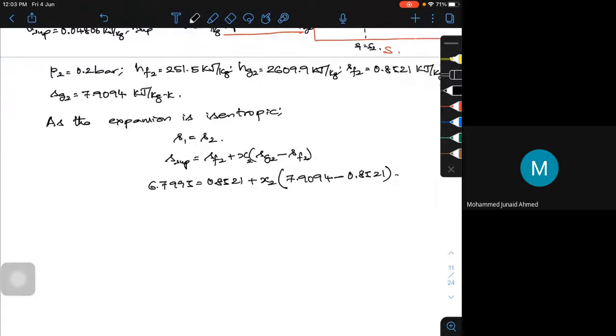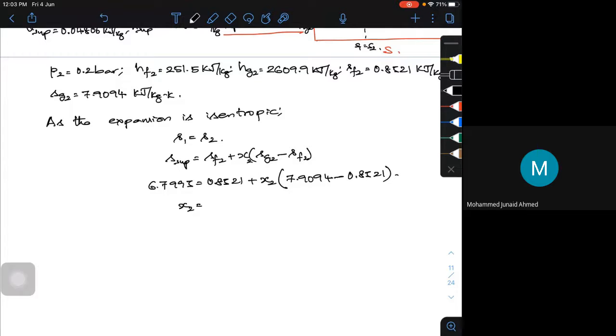From this, I am going to get the condition of the steam, X2, somewhere around 0.8 or 0.85.